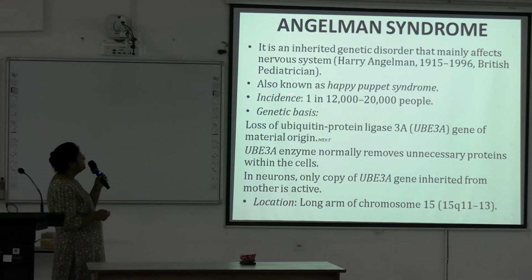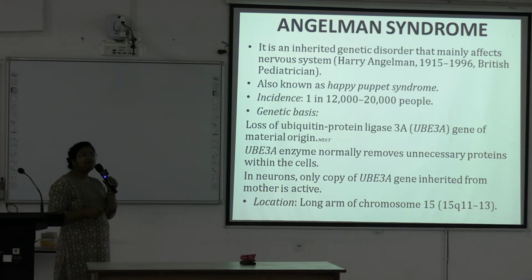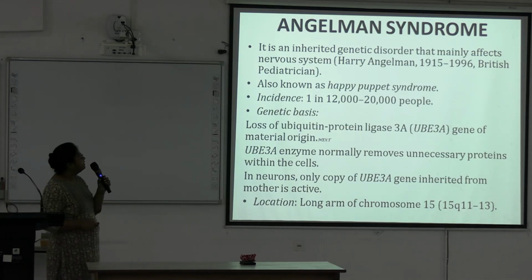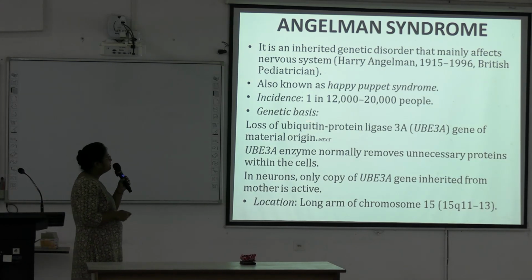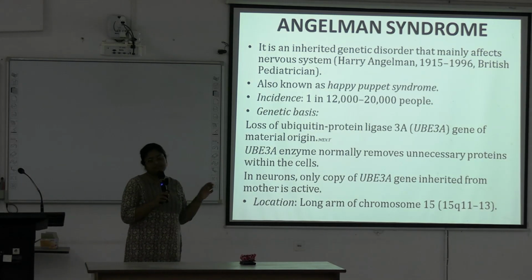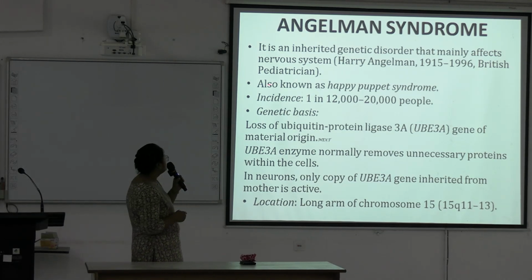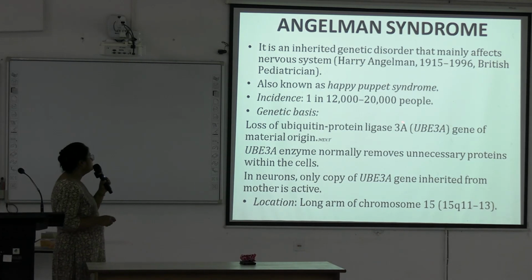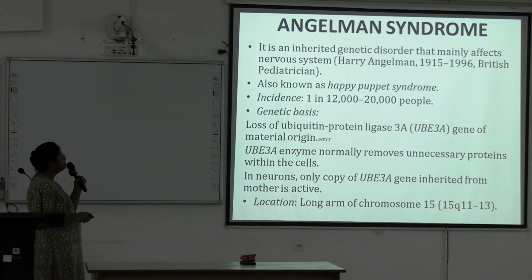These alternative names are important for your MCQs. And incidence rate is also asked in some diseases like Down syndrome, Edward, Patau, Klinefelter, Turner. For those, incidence rates can also be asked in your MCQs. So incidence rate is 1 in 12,000 to 20,000 people.